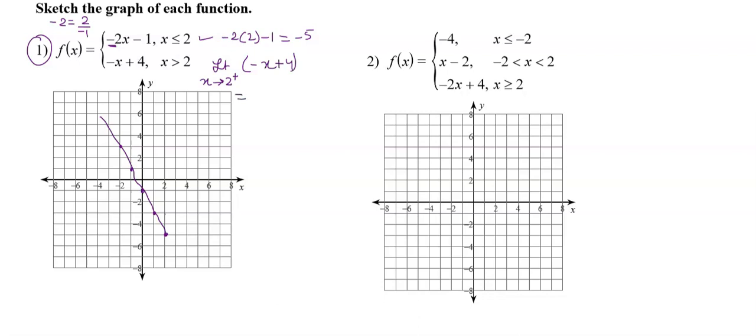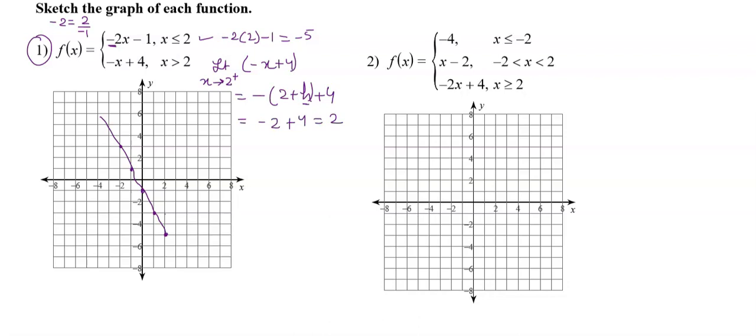For any value a little greater than 2, in place of x we put 2 plus h, plus 4, where h tends to 0. So we get negative 2 plus 4, which is 2.